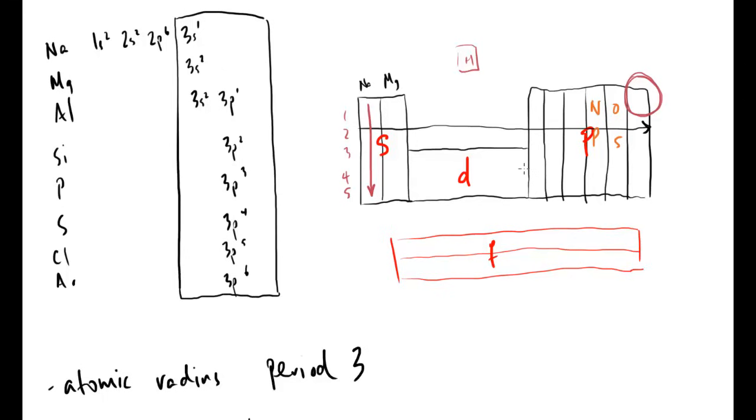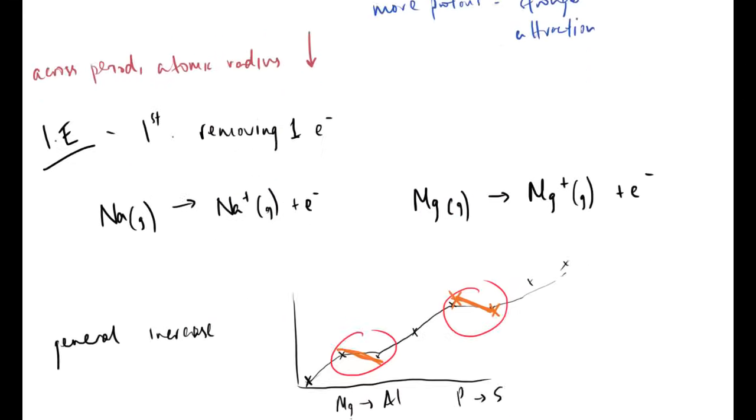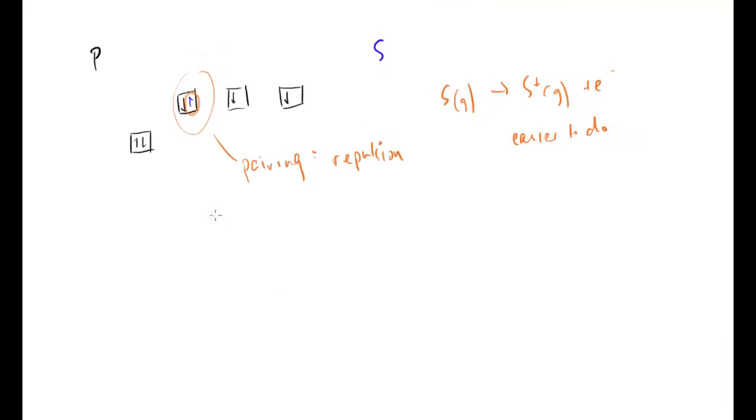You just have to knock it back one and talk about, in this case, the 2p4 as opposed to the 3p4. So the 3p4 electron is easier to remove than the 3p3 electron, and that's the key thing between phosphorus and sulfur, and the reason why it goes up and then we get that dip down. It's not quite as severe as that, but then we go back up again.